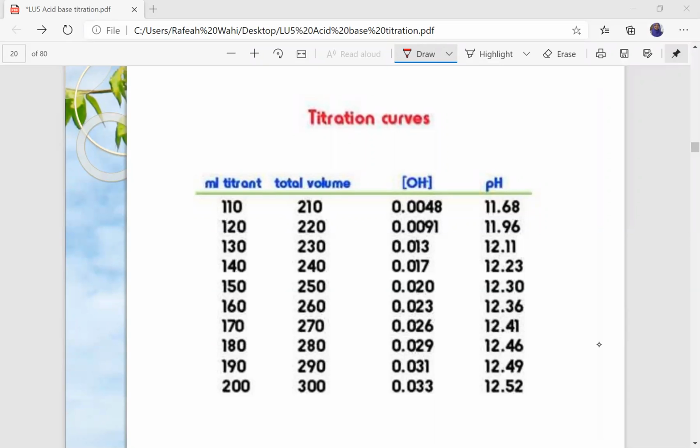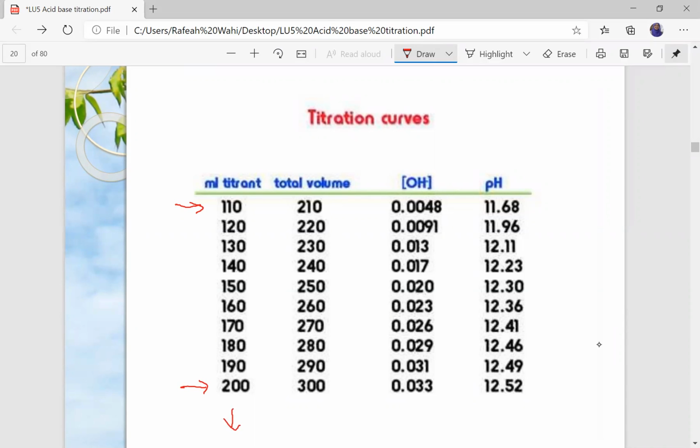Now, if you look at the titration curve, if you keep on calculating for every 10 mL additional titrant added to the analyte, you will have calculations for 110 mL of titrant up to 200 mL of titrant. You can go on, but it is not necessary.